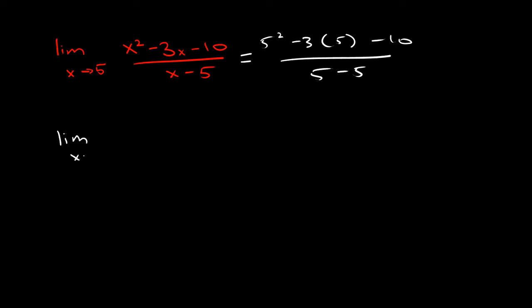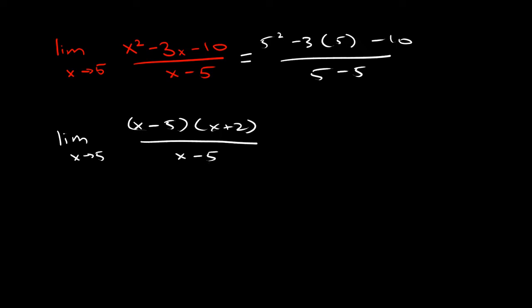Lim x approaches 5. What multiplies to negative 10 and adds to negative 3? x minus 5 times x plus 2 expands to this, because negative 5 times 2 is negative 10, negative 5 plus 2 is negative 3, and our denominator remains the same.